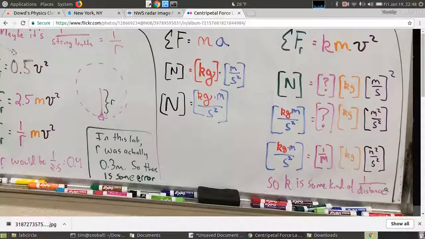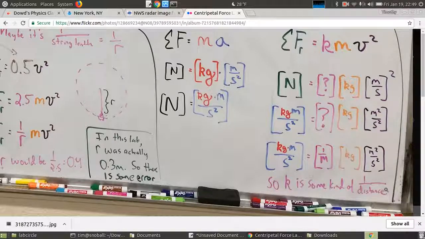So let's use the trick of dimensional analysis to try to figure out what this unknown k is. In the center I've got sigma F equals ma, and I've put the units below that equation, color-coded. And we can see that the Newton, according to this equation, must be equal to the kilogram times meter per second squared. So on the right I've taken the tentative equation we have, and I've plugged in all the units we know.